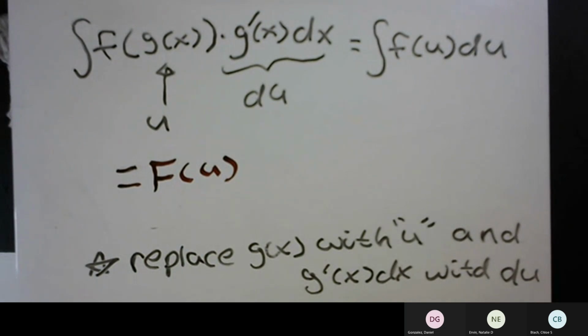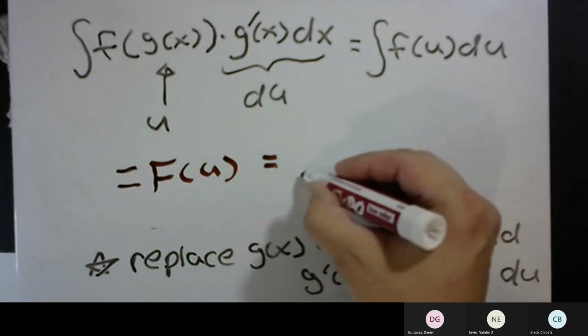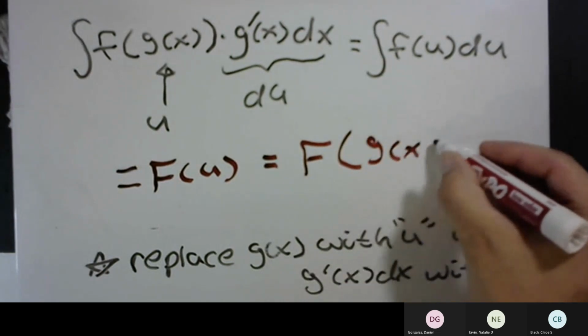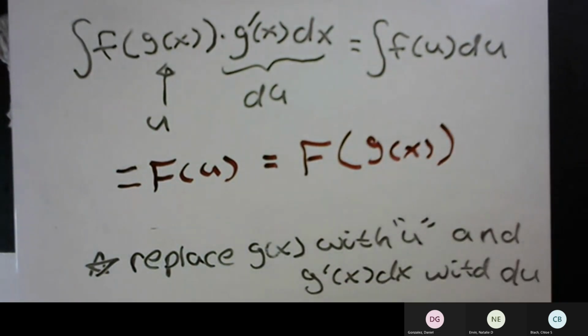But we know what u is. u is g of x. So this will be capital F of little g of x. And that's the method of substitution.